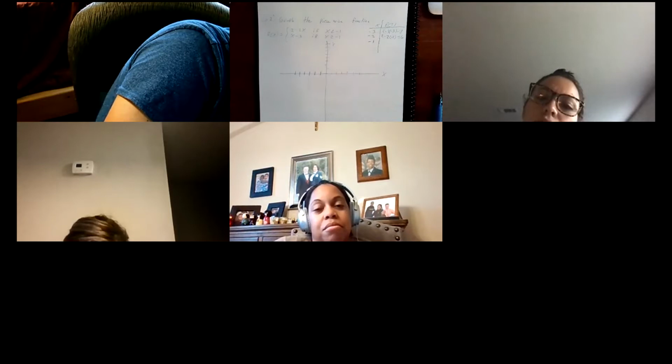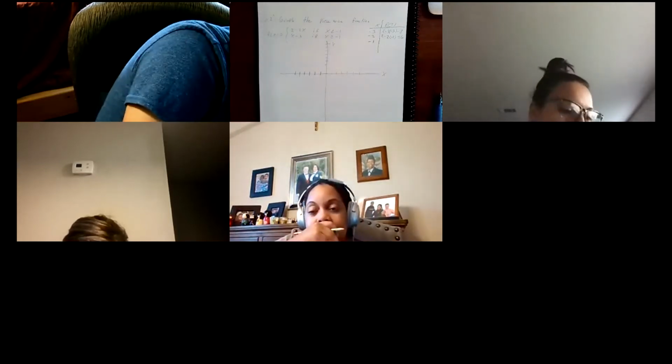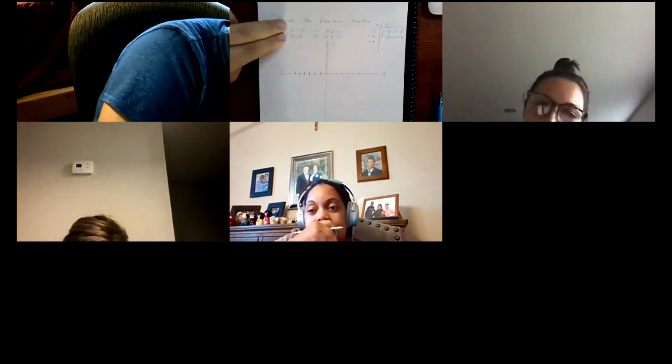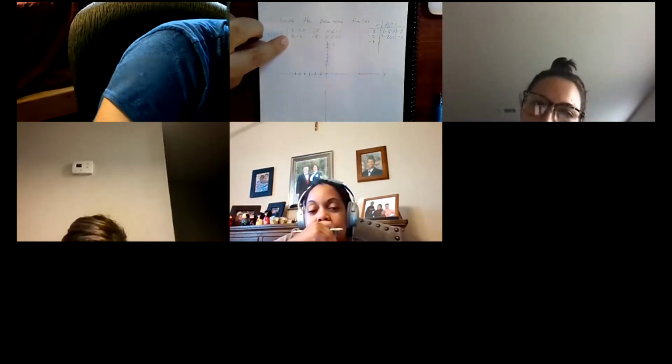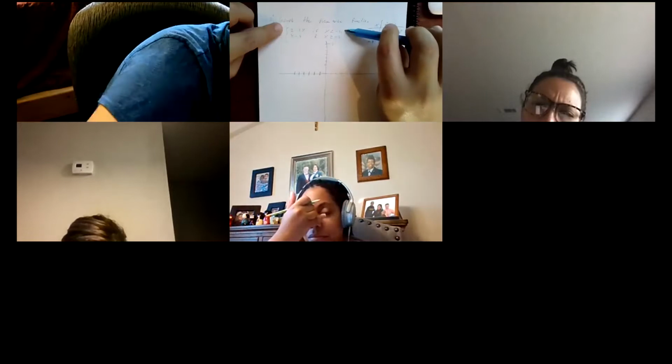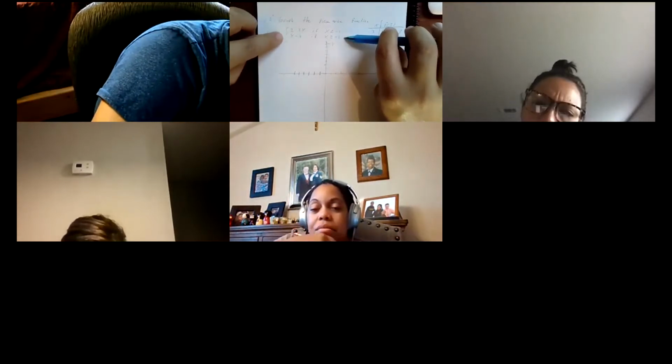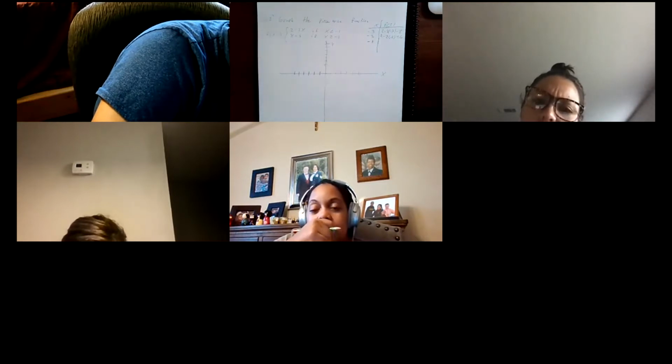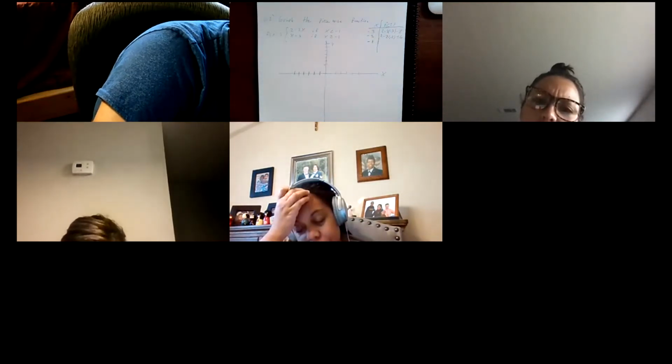So wait, two functions, right? 2 minus 2x and x minus 3. So I use the top one if I'm below -1. I use the bottom one if I'm equal to -1 or higher.